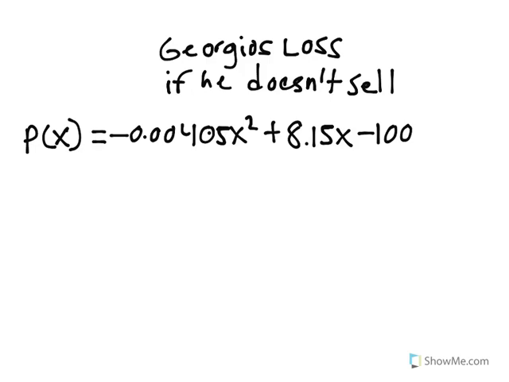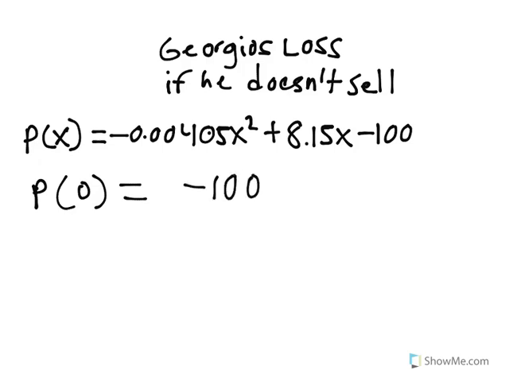Well, that's pretty simple. If this is his profit function and he's not selling any of the umbrellas that he produces, we just plug in x equals 0 into the profit function. So P at 0 is 0.00405 times 0 squared, which is 0 because 0 times anything is 0, plus 8.5 times 0, which is also 0, and you're just left with minus 100.